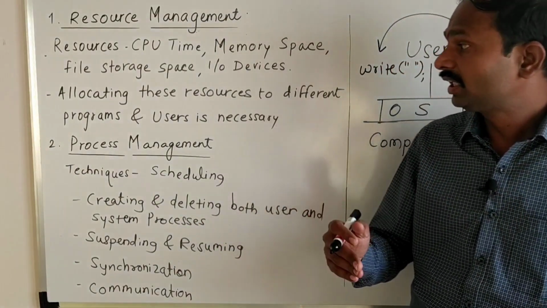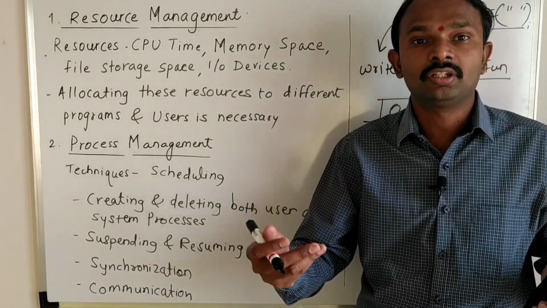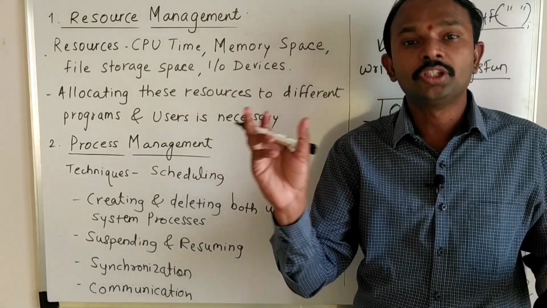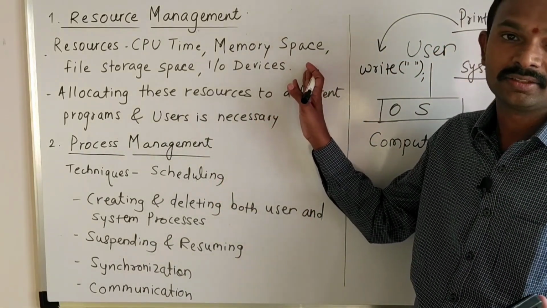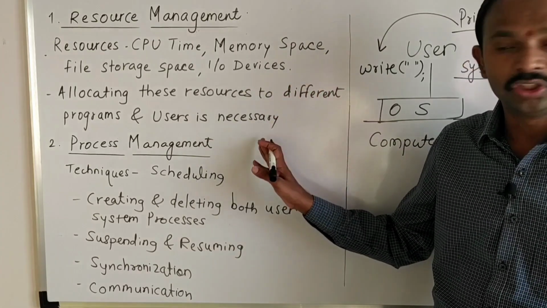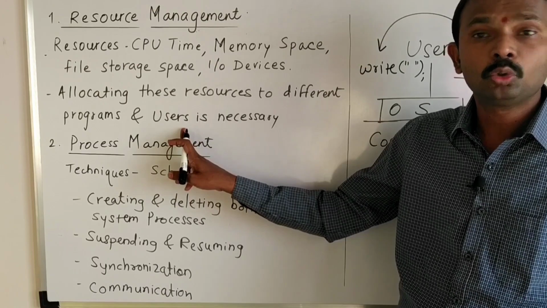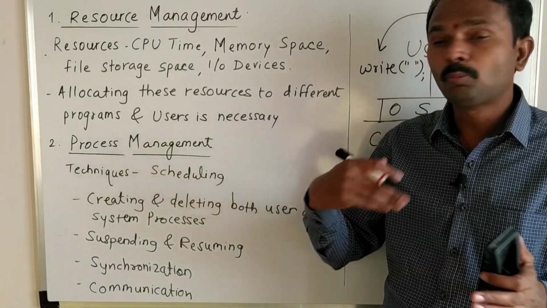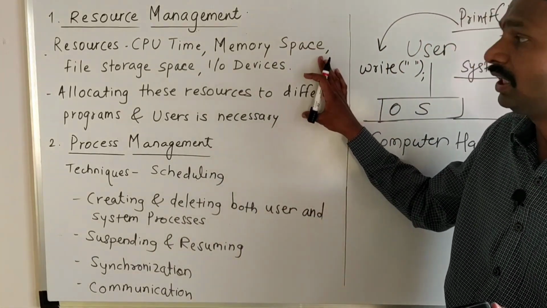And in that case, it works as a resource manager, because it is providing the resources not only to the users but also to its own utilities. Now there are multiple users. So in this case, the operating system also needs to look after individual users to provide them the resources. So it works as a resource manager in that particular case.